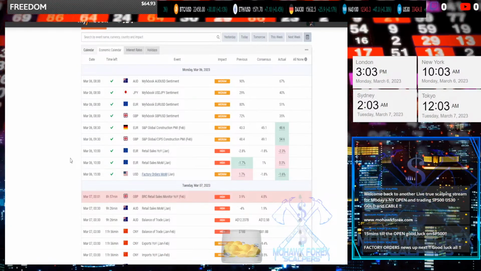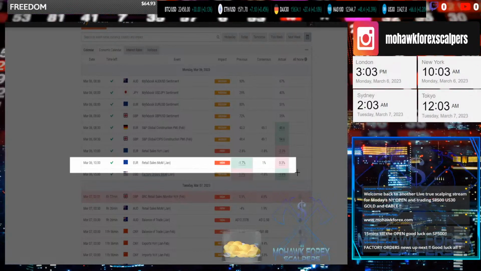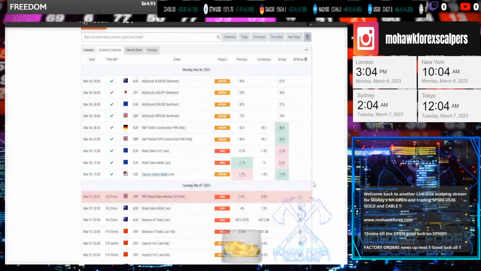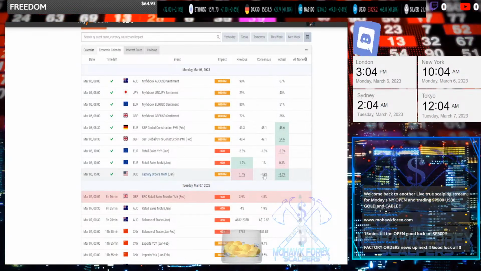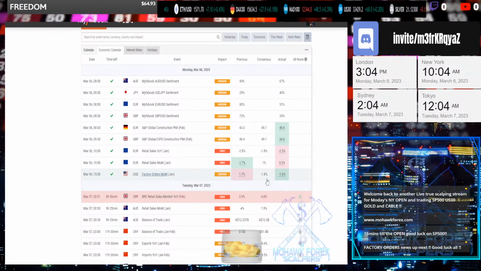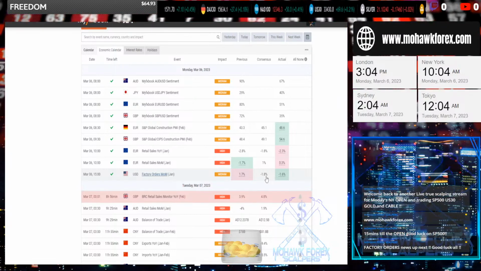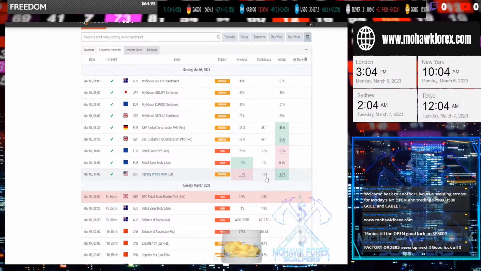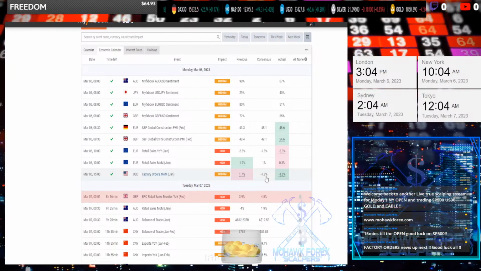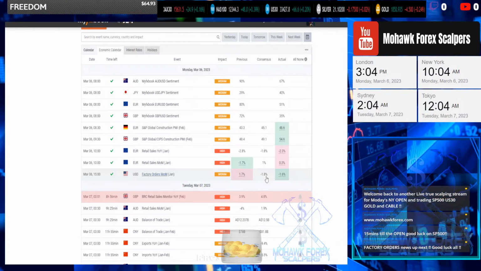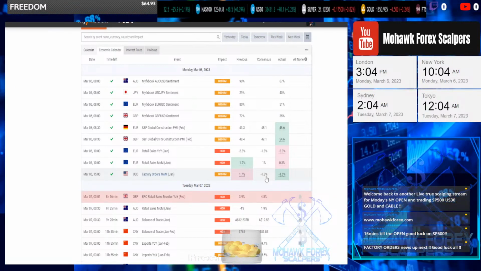I'll just post that into the group. Not a huge difference, but enough just to take the market down, because obviously the lower this figure is into minus territory, then obviously that means things are slowing down. Factory orders, therefore there's less likely for the interest rate rises to be high. It's all that kind of knock-on effect. Every data is pointing to the same thing now.